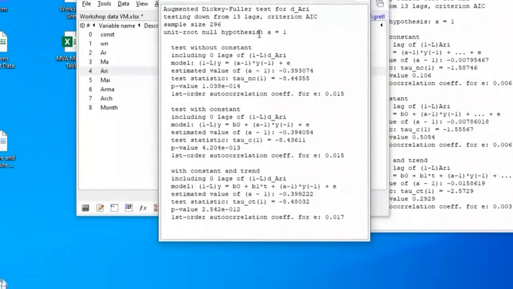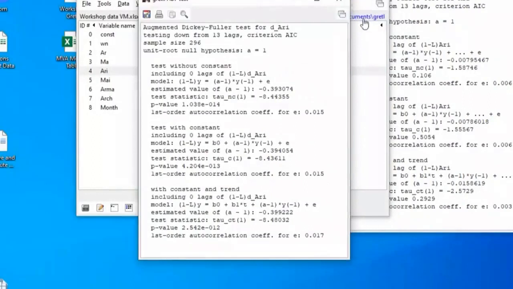Is it clear? Yes, sir. So that's all with the unit root test. Now I shall give you some idea about the ARMA estimation.